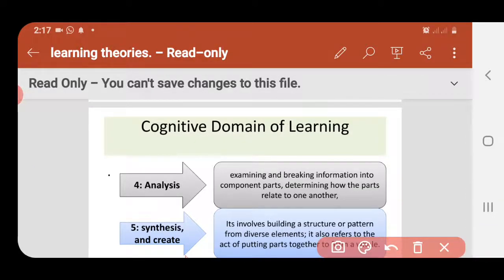Now the fourth level of the cognitive domain is analyzing: examining and breaking information into component parts and determining how the parts relate to one another.